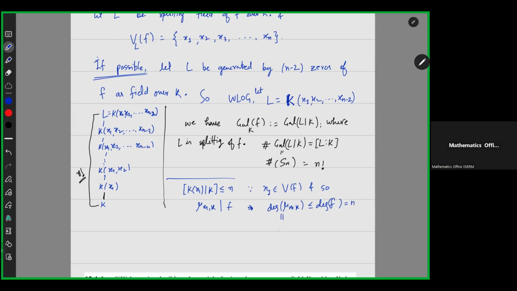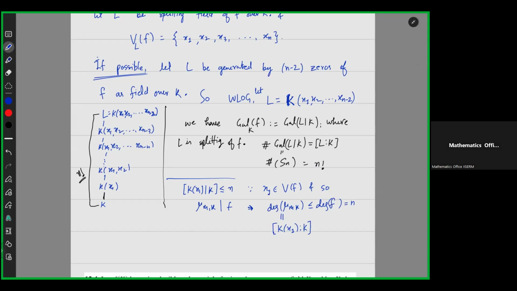And this degree is nothing but the degree of the extension, right? We have been using this from the second week: for simple field extensions, the degree of extension is nothing but the degree of the minimal polynomial of the primitive element.